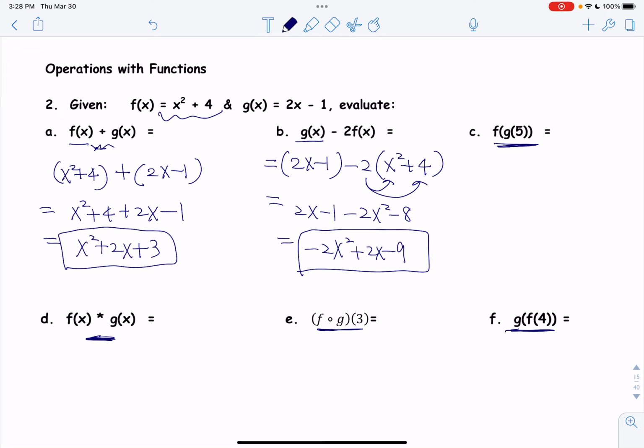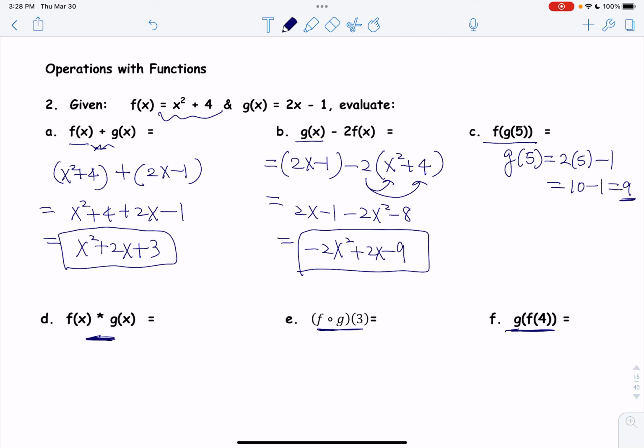And then this f of g of 5 means composite. So what you need to do is find g of 5 first. I'm going to replace x with 5 in the g(x) function, which is 2 times 5 minus 1, which is 10 minus 1, which is 9.